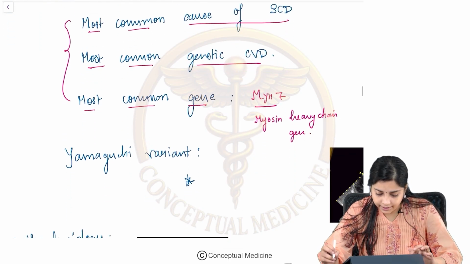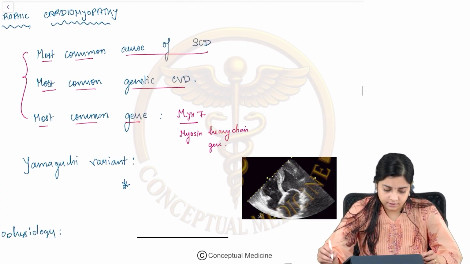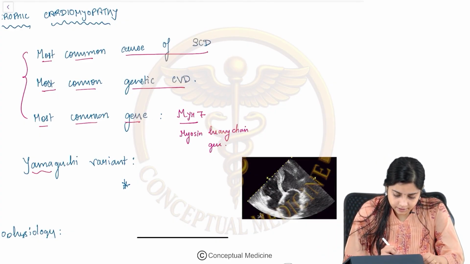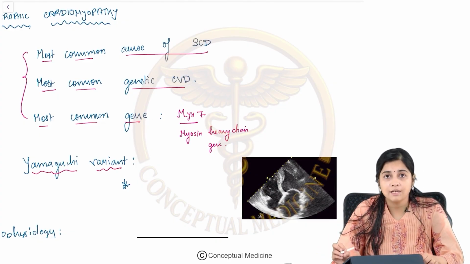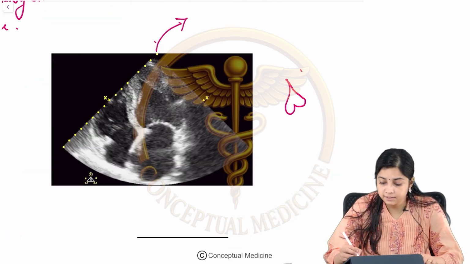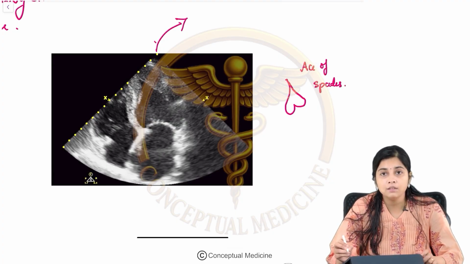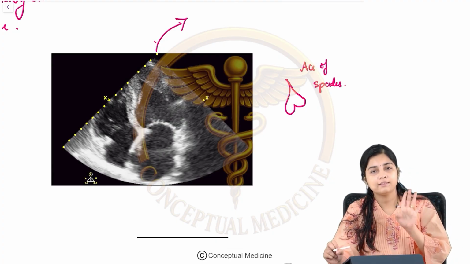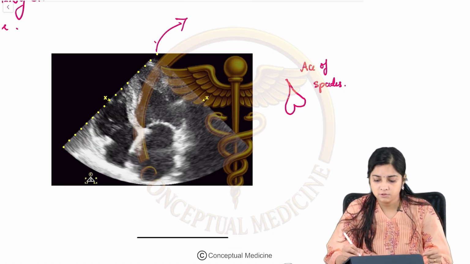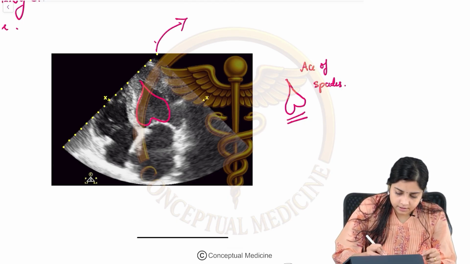Now, there is a variant of hypertrophic cardiomyopathy that you can see here. This is called the Yamaguchi variant. If you see this echo, does it resemble the ace of spades? If you have all played cards, you will know that there is an ace of spades. Can you appreciate this ace of spades appearance on this echo?